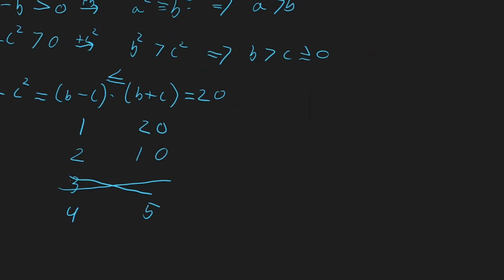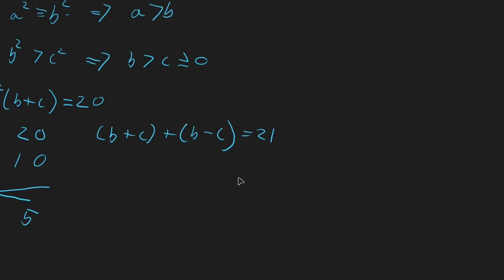If we look at these 3 solutions, we can try them out. If we have b plus c plus b minus c, this is just something I write up to see what happens. This parenthesis plus this parenthesis, 1 plus 20, is 21.